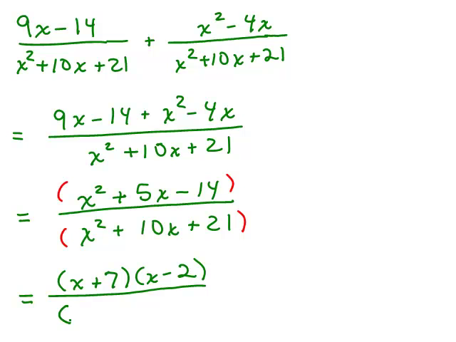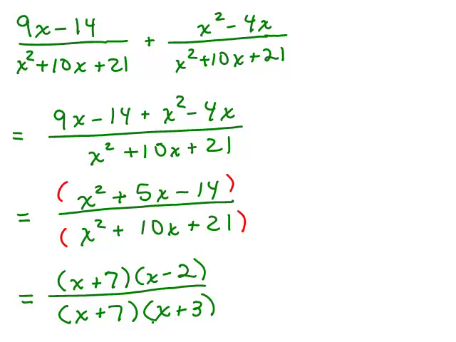So let's just try x plus 7 times something. And if it was x plus 7, x times x will give you the x squared. 7 times what will give you 21? 3. And then make sure that really is the correct factorization. Well, the outer term is 3x, the inner term is 7x, and so that is the correct factorization.